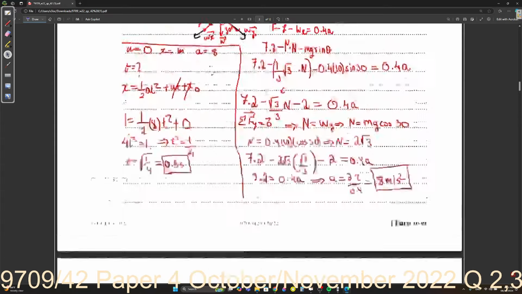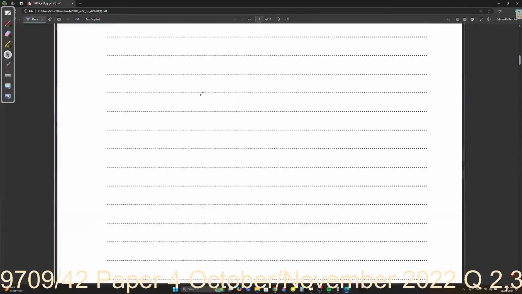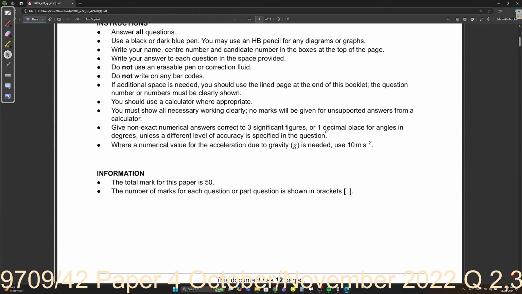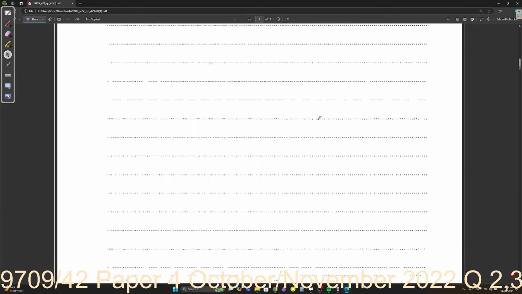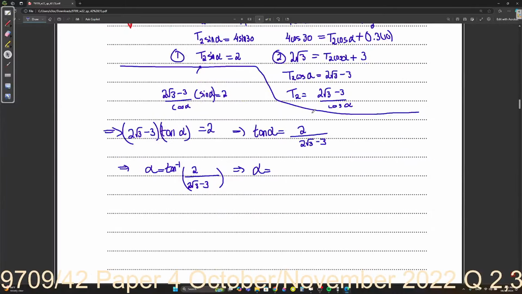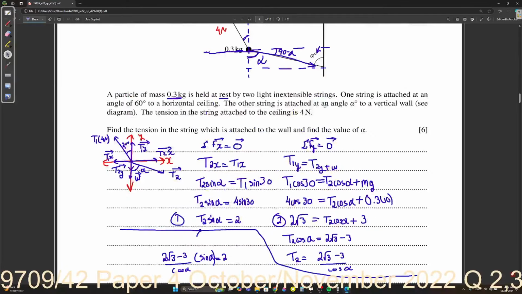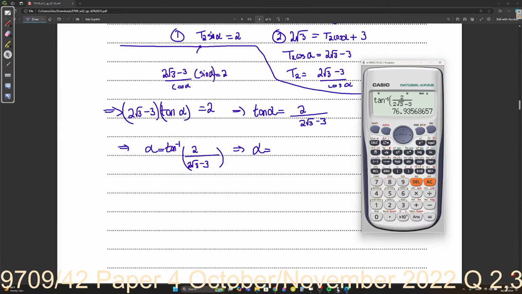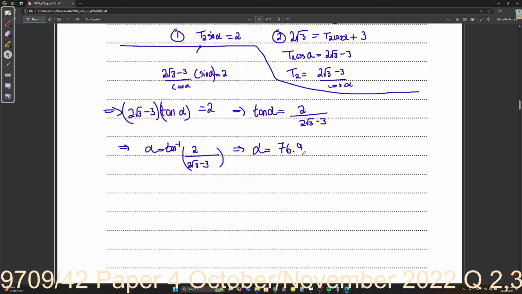It's an angle, and remember, in the exam instructions, if you're watching this for A level, it's 1 decimal place for angles. I'm recording for the SAB system, so I personally rounded to 2 significant figures. But if you're watching this for A levels, follow the exam instructions, which is 76.9 degrees.